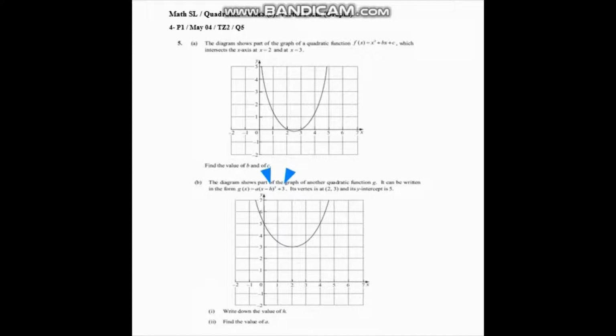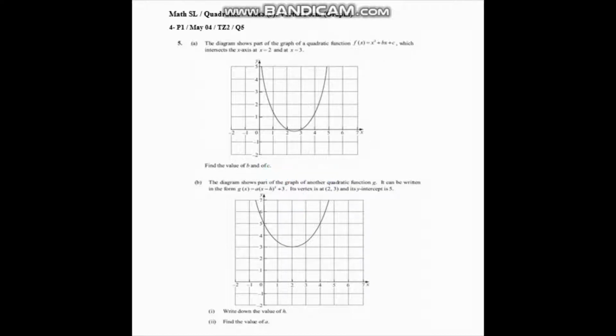So since the vertex lies at h, 3, we should know that h has to equal 2, because they told us that the vertex lies at 2, 3. So 2, 3 is the same as h, 3, hence h has to equal 2.